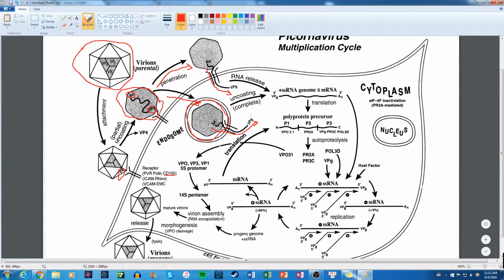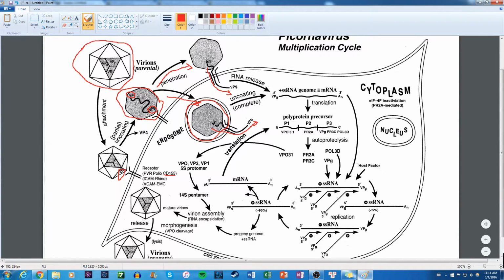Transcription, replication, and translation all take place in the cytoplasm because it's an RNA molecule. It's not like influenza, where it needs to steal a 5' cap, so it doesn't go to the nucleus. It's not a DNA virus, so it doesn't go to the nucleus to transcribe messenger RNAs and replicate its genome. So this is all within the cytoplasm.